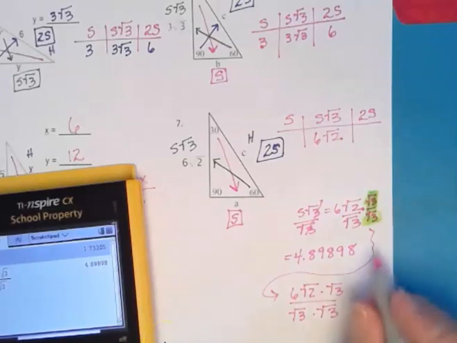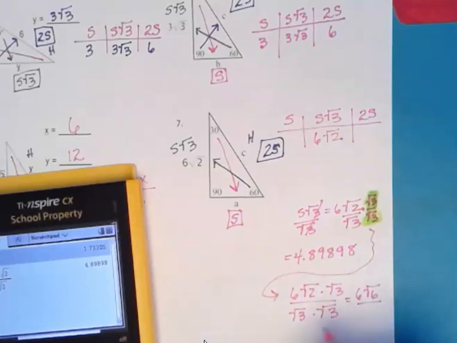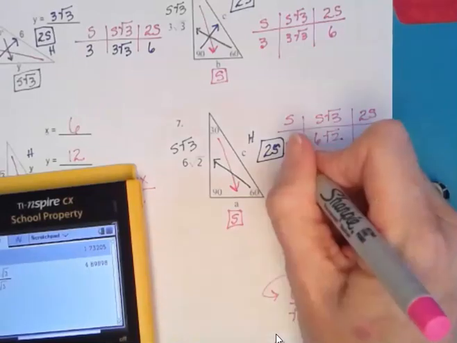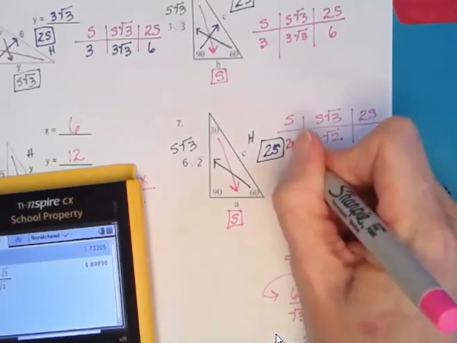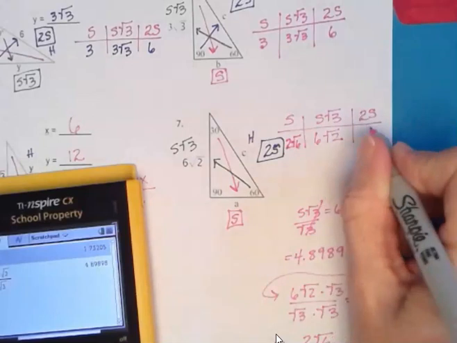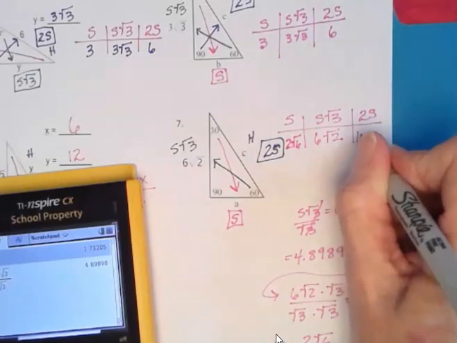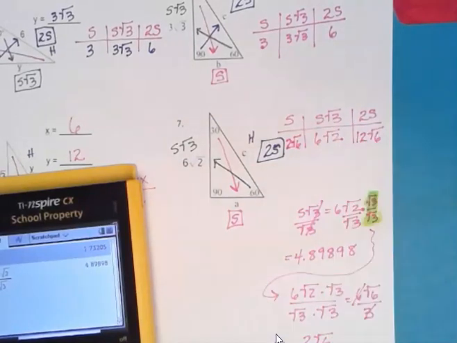Okay, so up here I'm getting 6 square root 6, multiply the two things under the radical together, and here square root of 3 times square root of 3, put in your calculator, will give you 3. I can reduce the 6 in the numerator with the 3 in the denominator. My final answer would be 2 square roots of 6. That's what S equals, 2 square root 6. And I double it right here to 4 square root 6 because the hypotenuse is twice as big.